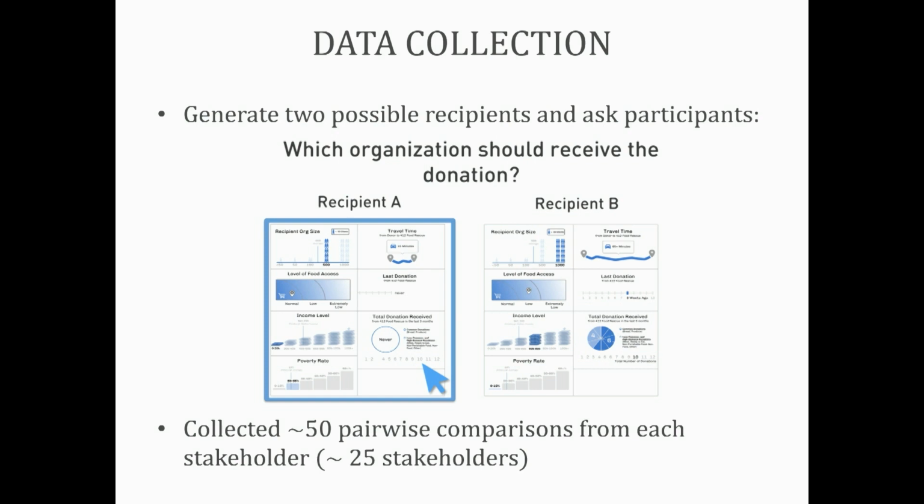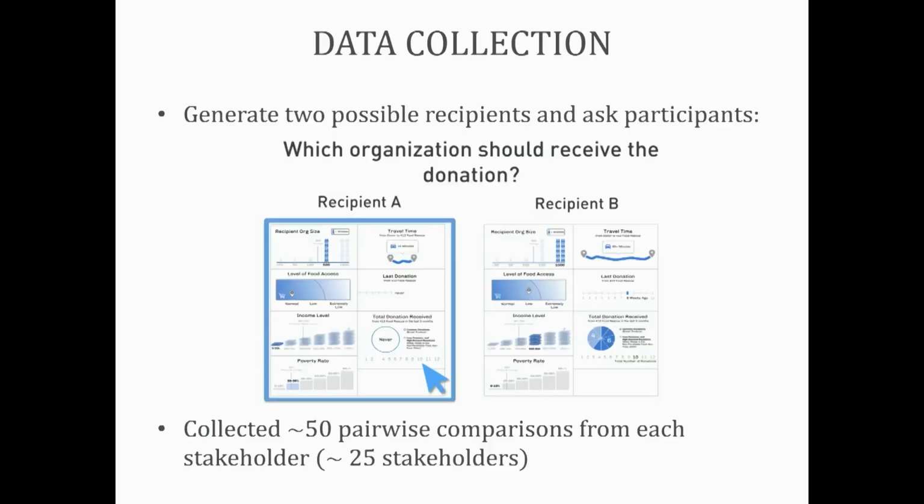So these things, I don't know if the slides are clear, but travel time was important to say the volunteers. Last time the recipient received a donation, the size of the recipient, the poverty level in the area of the recipient, the income level, how many donations they've received in a certain window, these sort of things. Okay? So we identified all the important features.